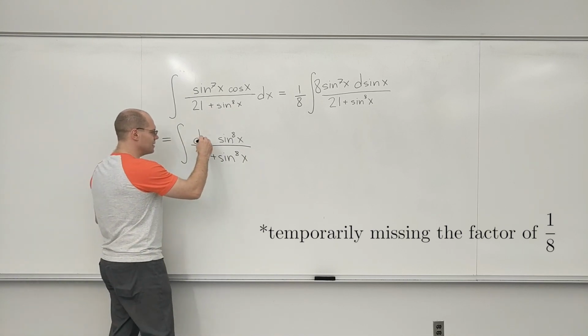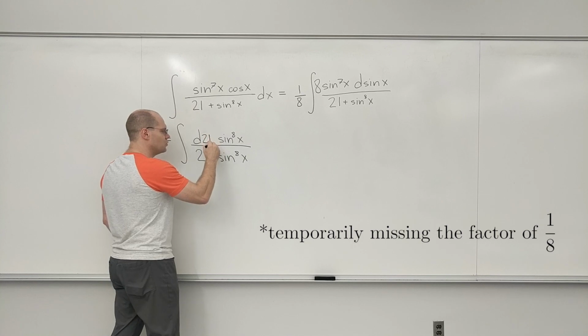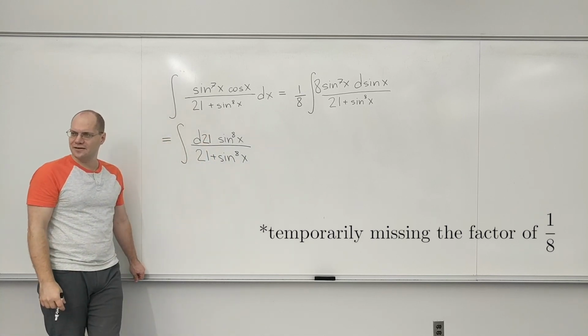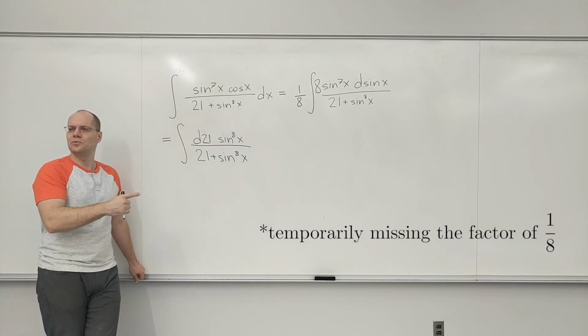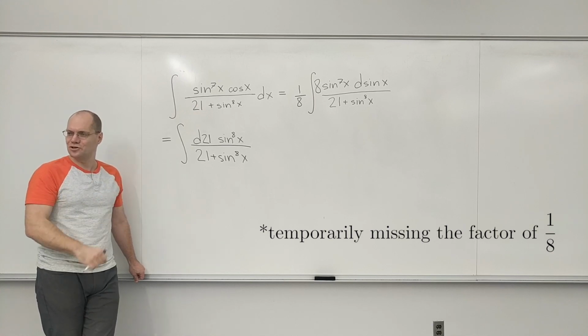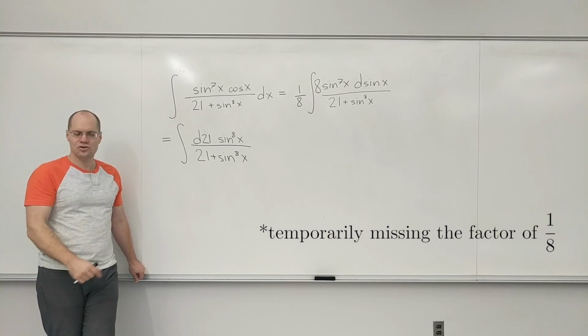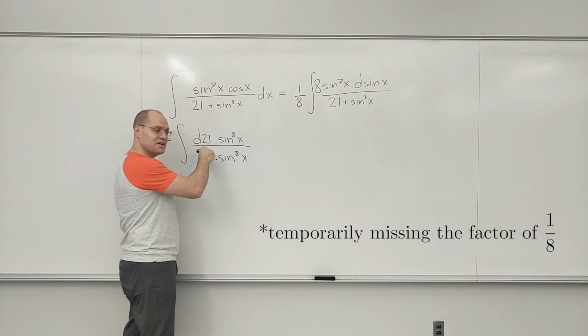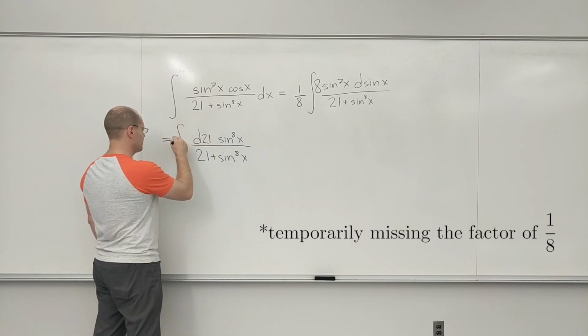But please realize that there's absolutely no harm at putting the 21 under the derivative sign, because the derivative of 21 is 0, because it's a constant. So you can always shove an additive constant. Where's my 1/8?